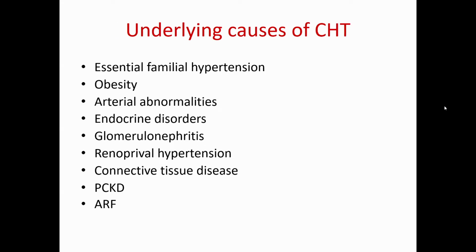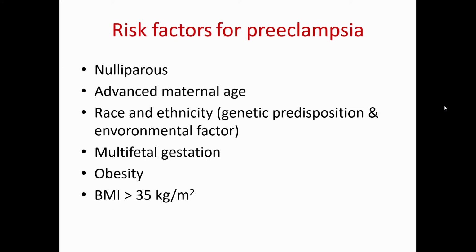So we have a few medical causes of underlying chronic hypertension, like essential familial hypertension, which is the commonest one. Others are obesity, arterial abnormalities, endocrine disorders, glomerulonephritis, renal peripheral hypertension, connective tissue disease, polycystic kidney disease, or acute kidney injuries.